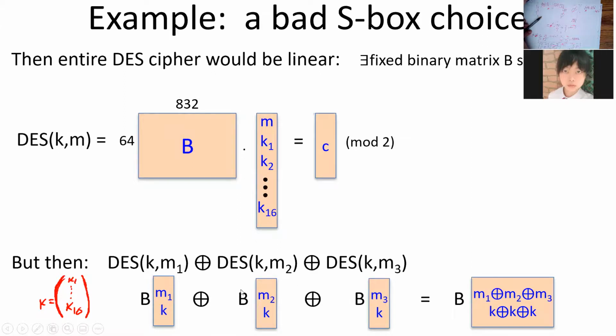And because of the linearity, this is equal to B times the XOR between these three values. But that is equal to, you see, K XOR K XOR K is just K.